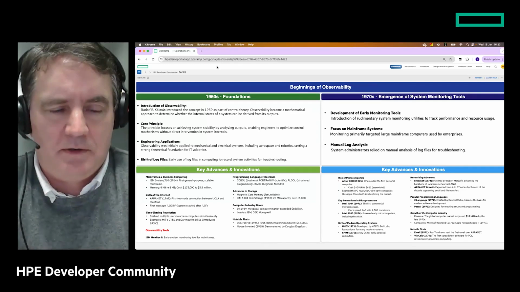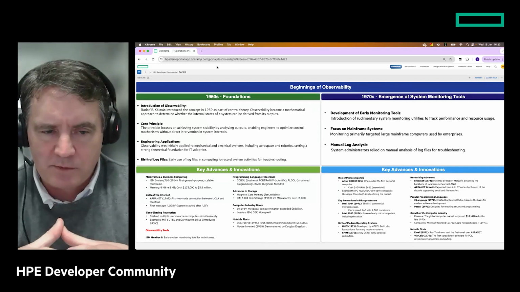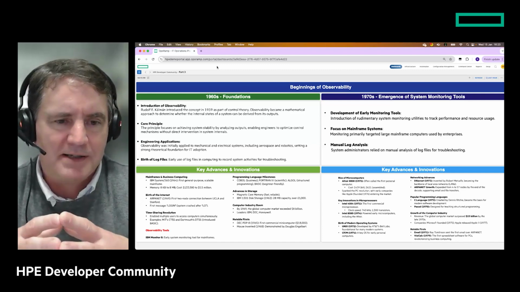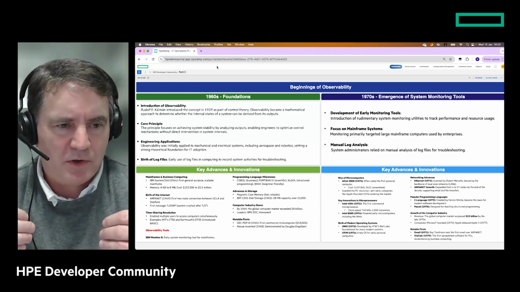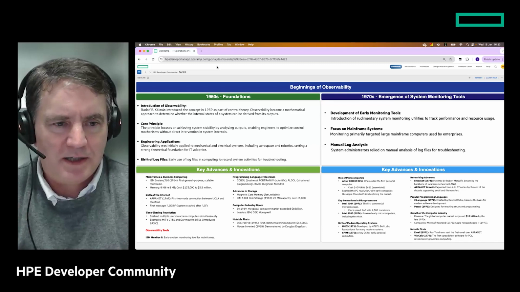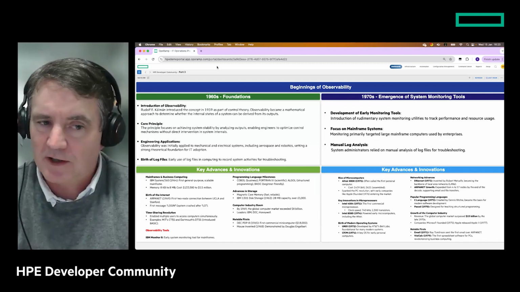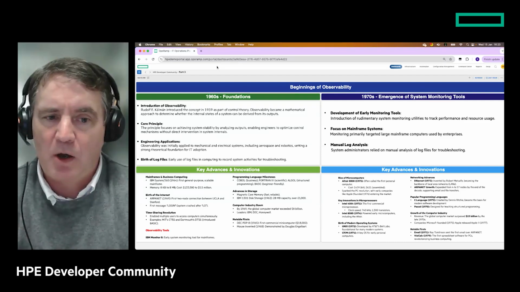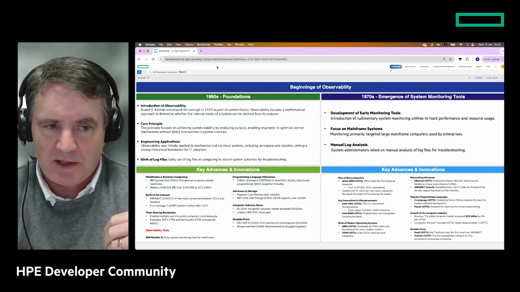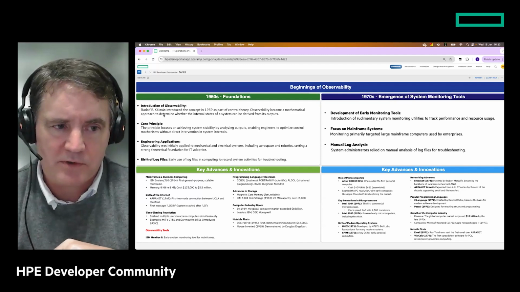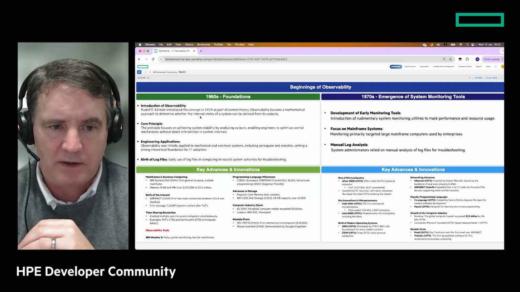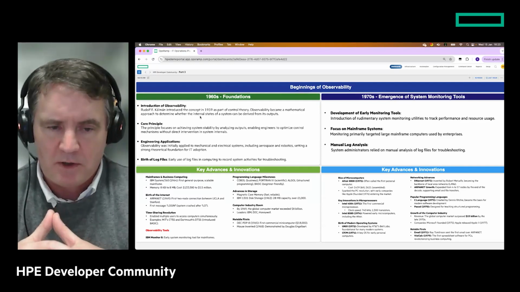If you're familiar with the definition of observability, it's about trying to understand the internal state of an IT system by the outputs that it produces. And this concept was introduced way back in 1959. So this is not a new term.